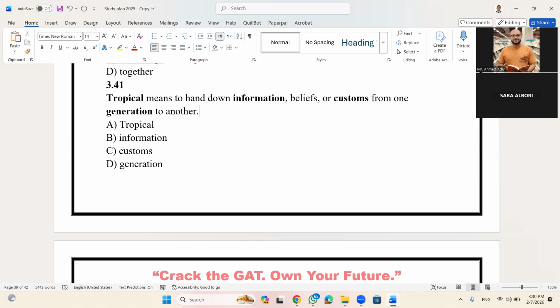It's customs, like traditions. The word here is tropical, but tropical means hot and rainy. The right one here means traditional.